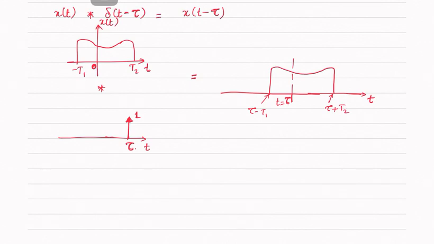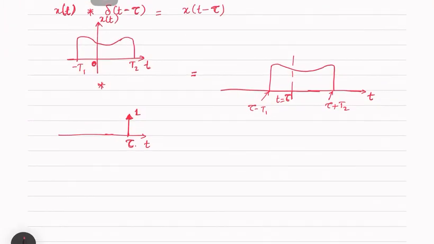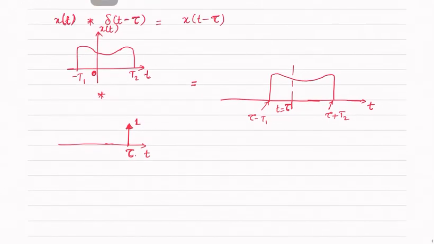It doesn't matter what the argument here is, so it always holds. You can call tau eta, whatever it is. So the property is this: if you convolve, the waveform gets shifted. This is called the shifting property of an impulse function.